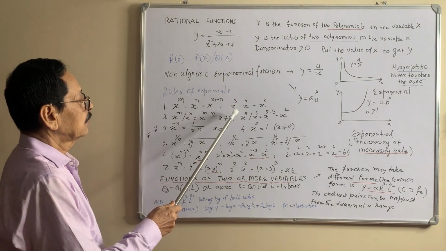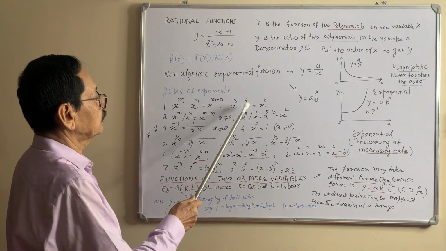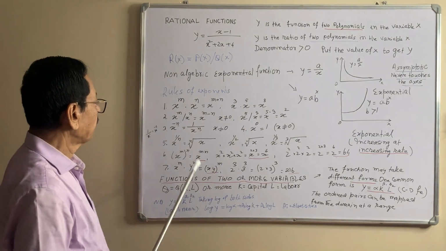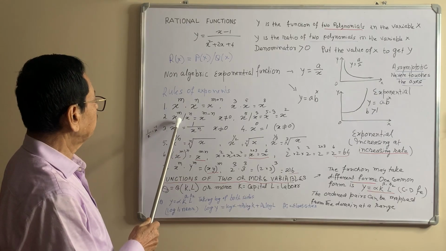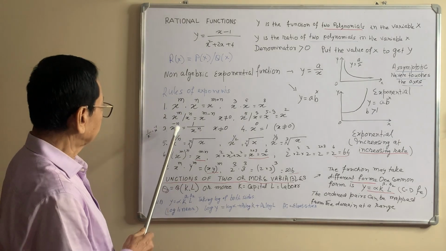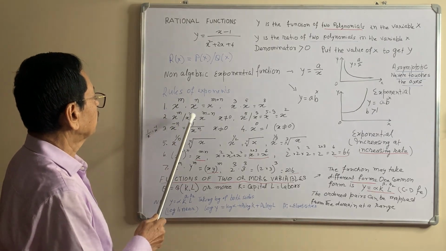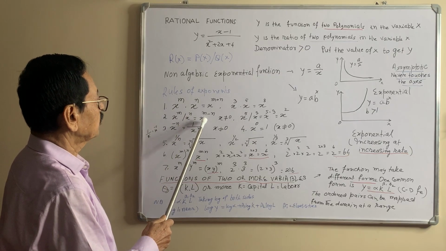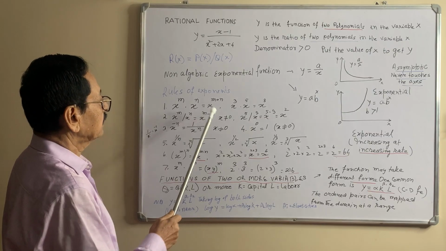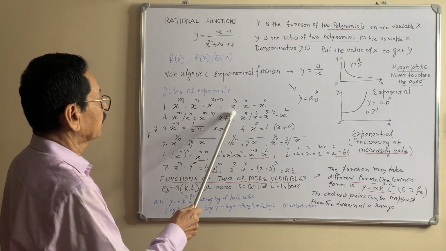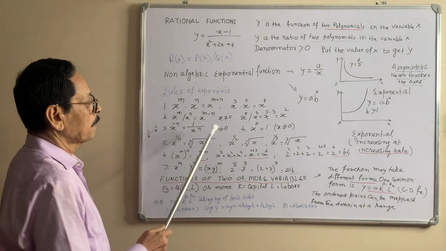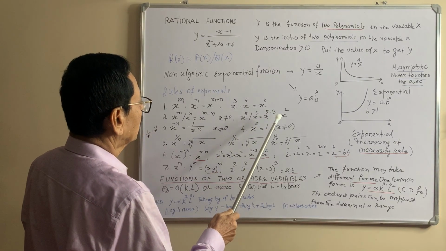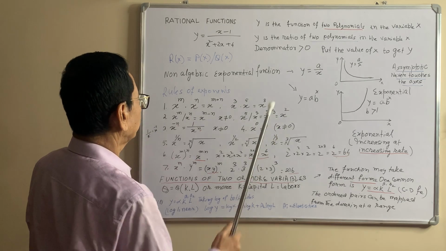Suppose x cube into x to the power 5, so it is x to the power 8. Second rule, x to the power m divided by x to the power n is x to the power m minus n, when x is positive. So this is 5 minus 3, equal to x squared.